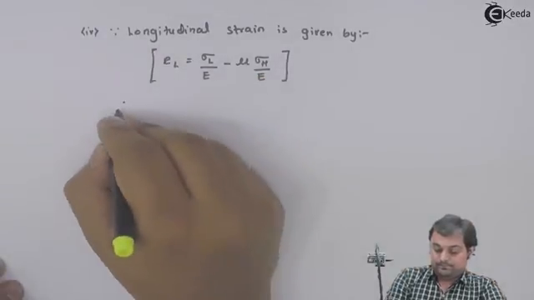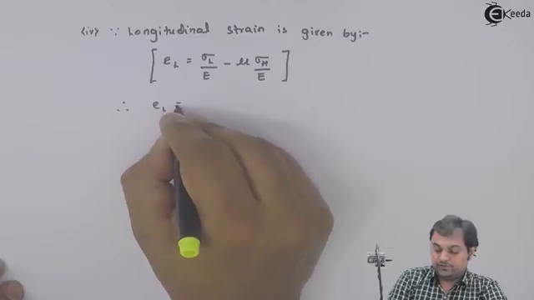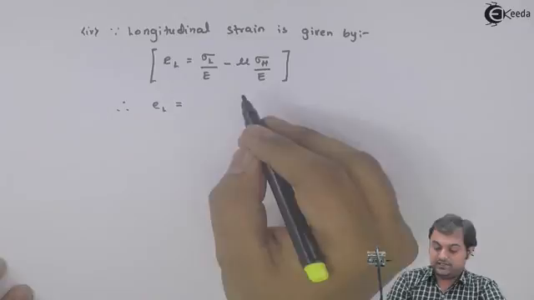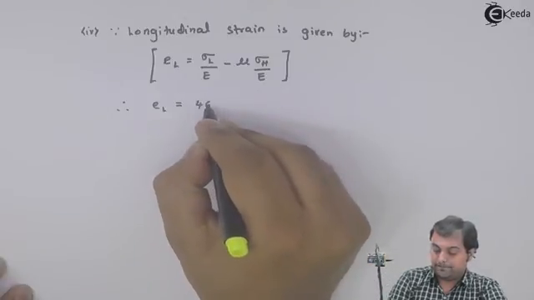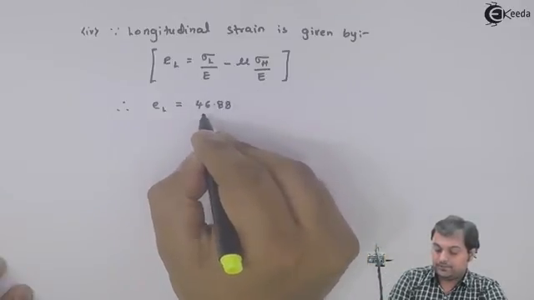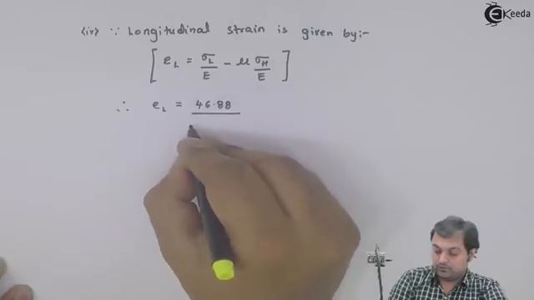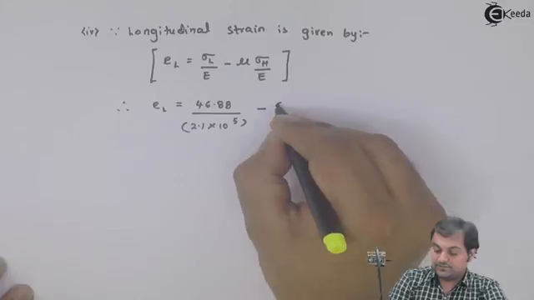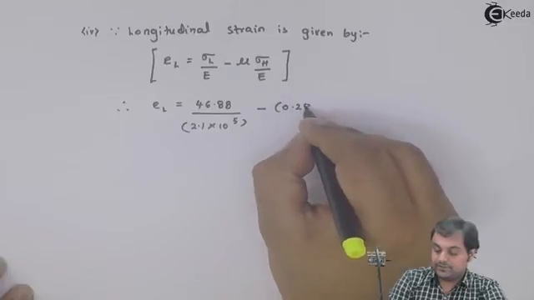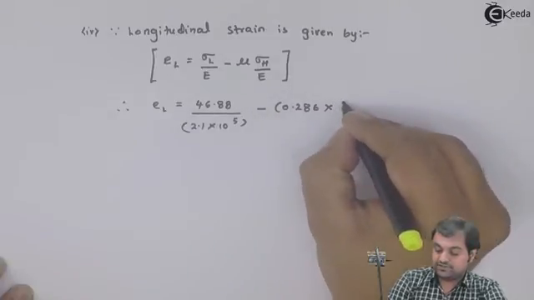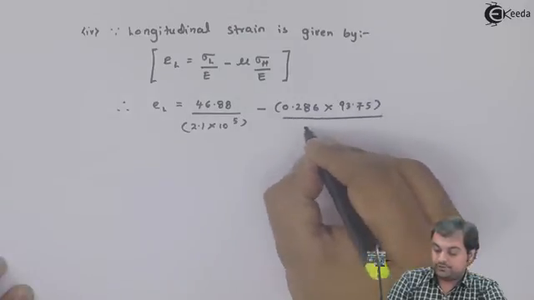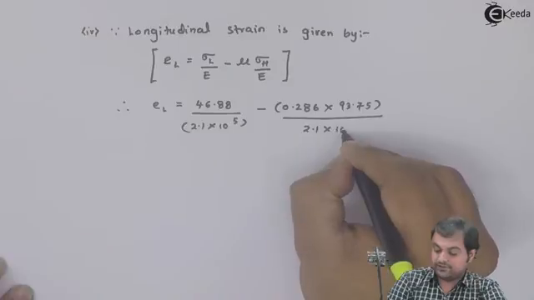Therefore, longitudinal strain will be equal to longitudinal stress, the answer was 46.88, divided by 2.1 into 10 raised to 5, minus mu, which is 0.286, into hoop stress 93.75, divided by 2.1 into 10 raised to 5.